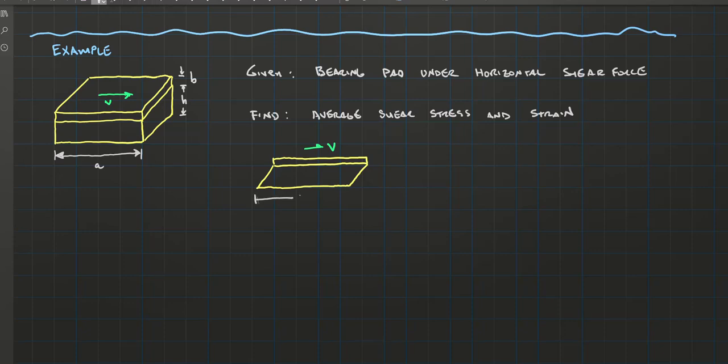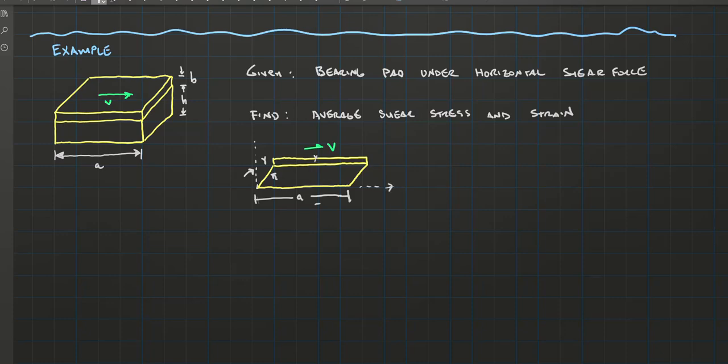So our bearing plate has a dimension of A here. So it's going to deform like this, and we're going to have a shear strain associated with this angle, and it's going to be positive because this is the positive side versus the negative side down below, and it's in the positive direction.